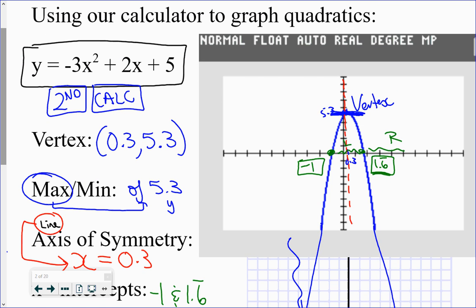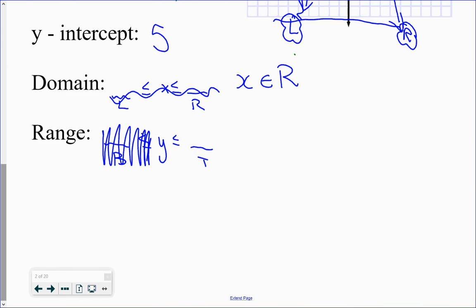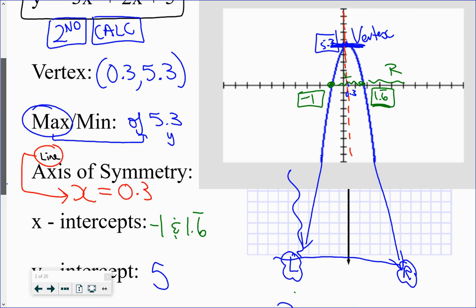So the maximum value of this graph was 5.3. So the top of this graph is at 5.3. So the range is all the y's less than 5.3. Or if you look at the graph, you can clearly see that all the y coordinates on this graph are going to be numbers less than that 5.3 forever and ever.